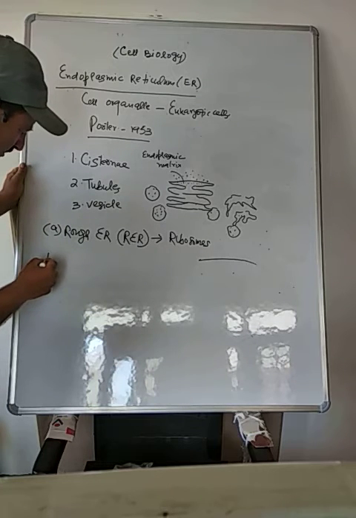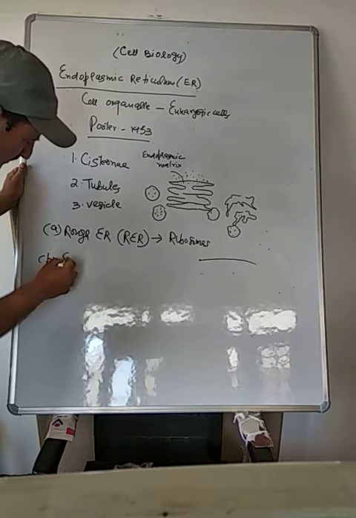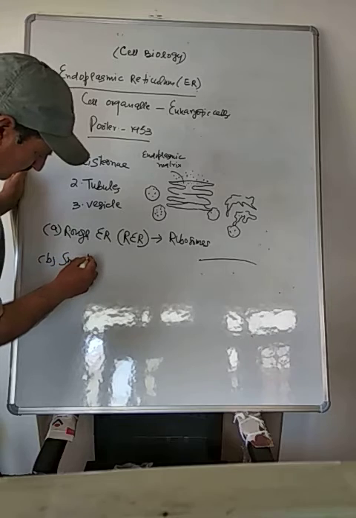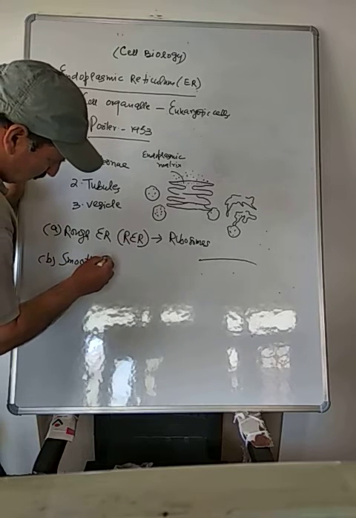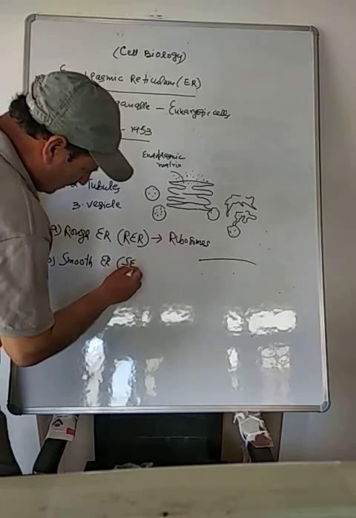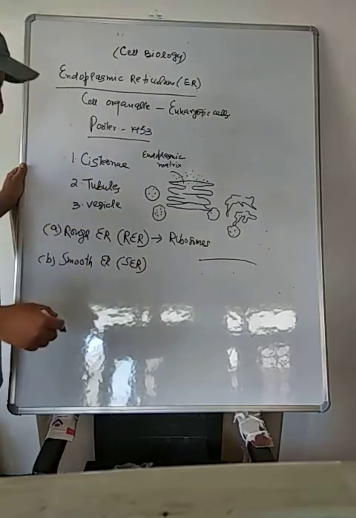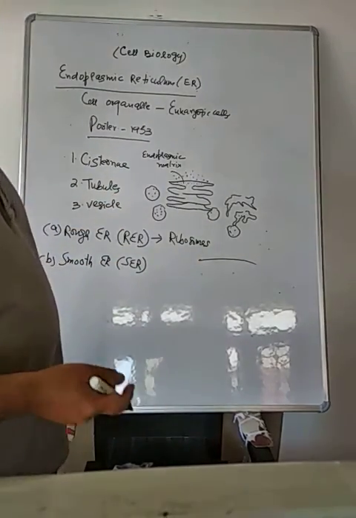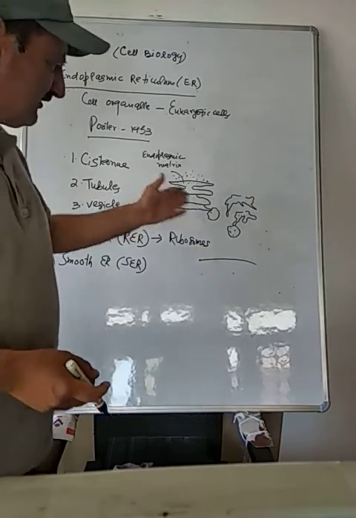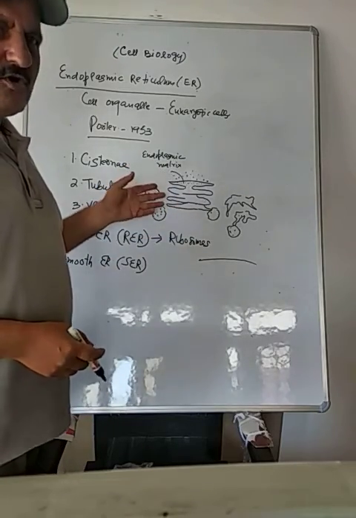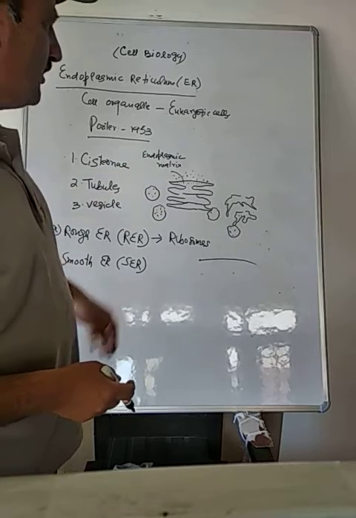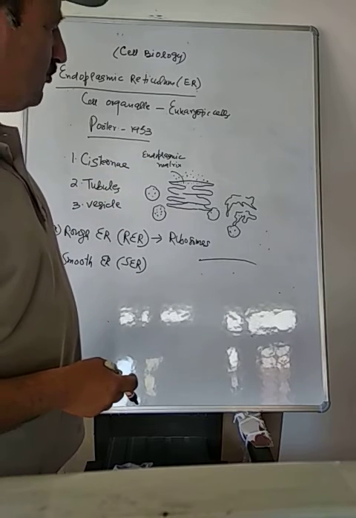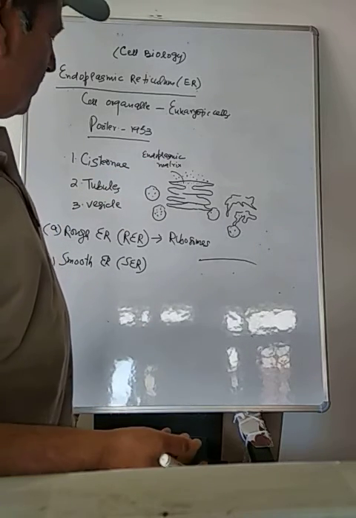Those are called smooth endoplasmic reticulum, or SER. So two types of endoplasmic reticulum are usually present. It is actually the same, but the type occurs due to the presence or absence of ribosomes on its surface.